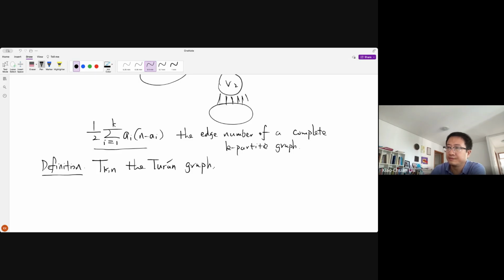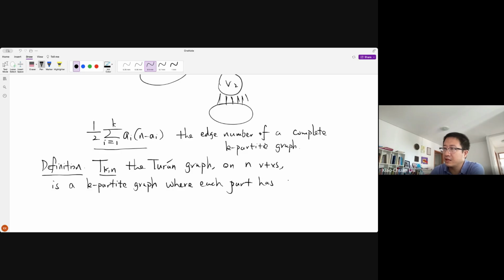So the Turán graph is a graph on n vertices. It's a k-partite graph where each part has roughly the same size.